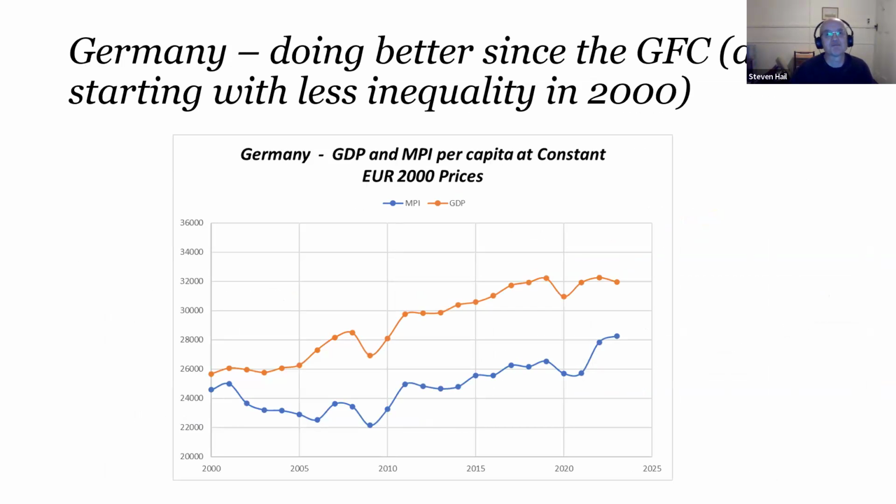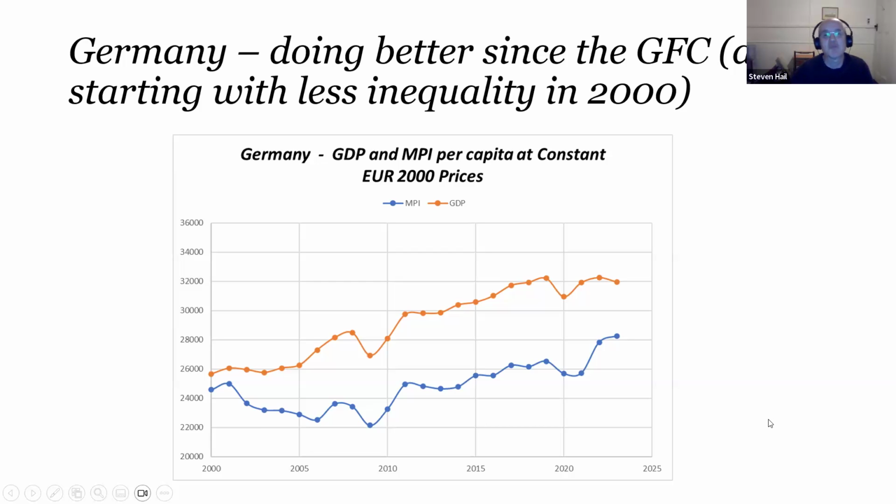What about Germany? In the case of Germany, you can see our indicator was falling as we approached the global financial crisis, and has increased significantly since. You can see that the gap between real GDP and the Modern Money Lab prosperity indicator was very narrow in the early 2000s.